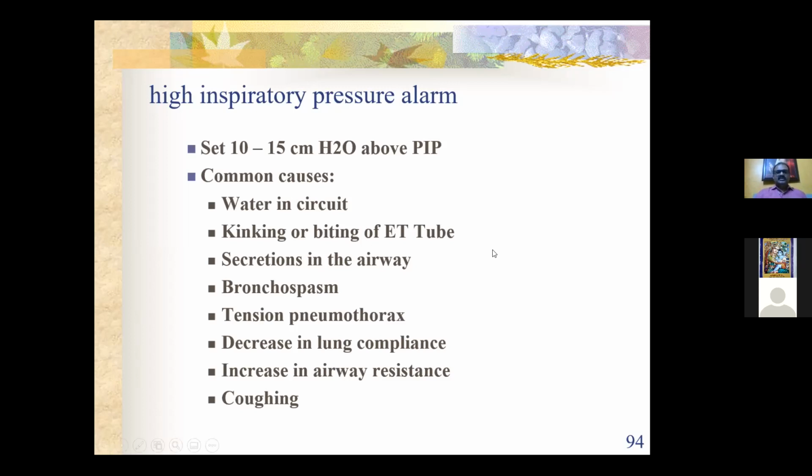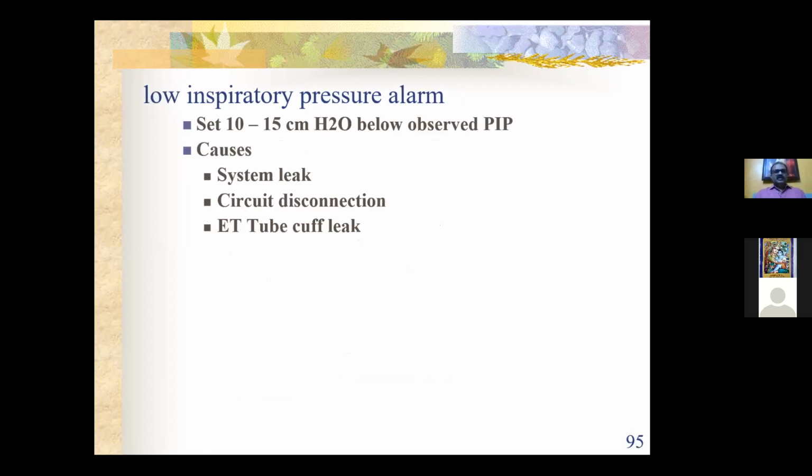All these can cause coughing and can increase the airway resistance. High airway resistance can increase the inspiratory pressure, and there should be an alarm. Otherwise, we'll never know all these issues, and the patient can collapse on the ventilator.